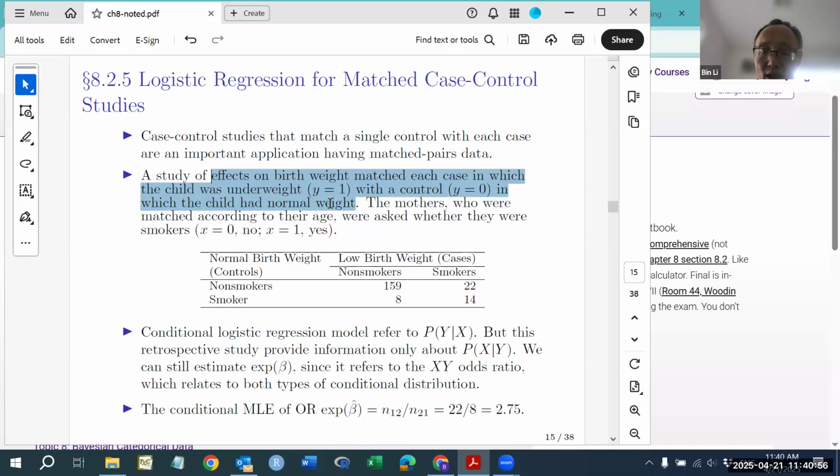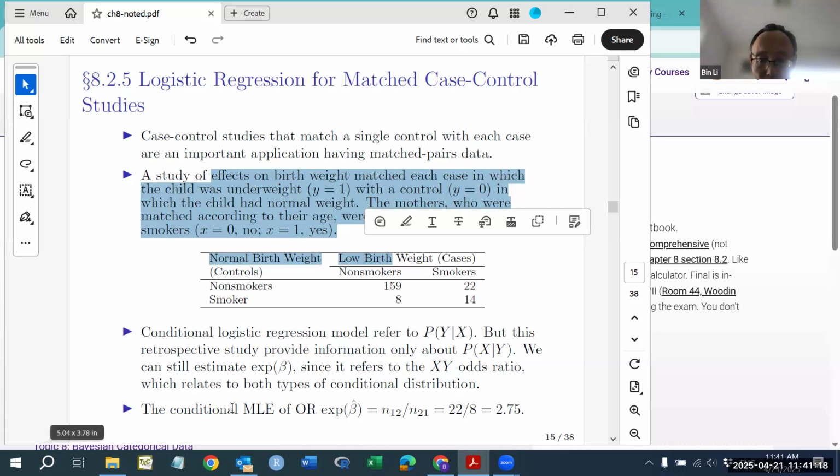Then we checked their mothers, who were matched according to their age, and asked whether they were smokers or not. So we want to see the smoking effects on birth weight through a matched case control study.